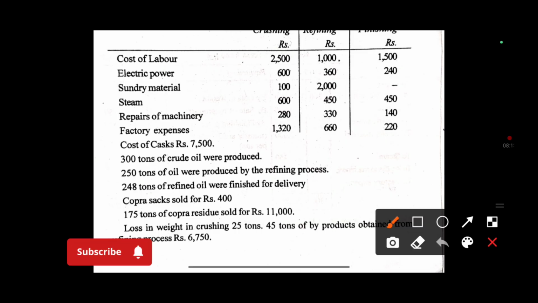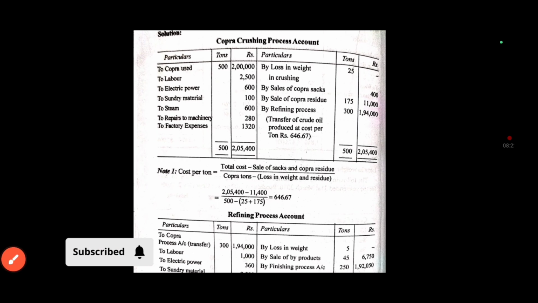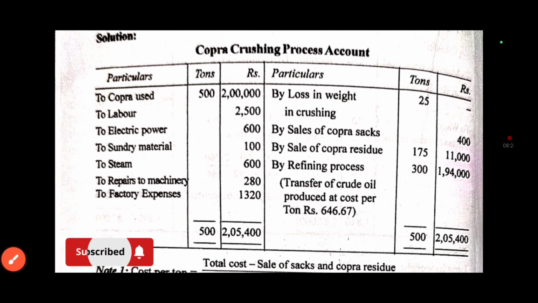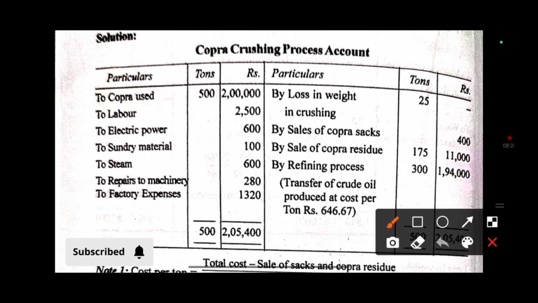So income and revenue are entered on the credit side. Accordingly, the copra stocks sold, 400 rupees, is entered on the credit side of the copra crushing process account. So we enter by sale of copra stocks, 400 rupees, in the amount column. The loss in weight in crushing is also entered on the credit side of the ton column.